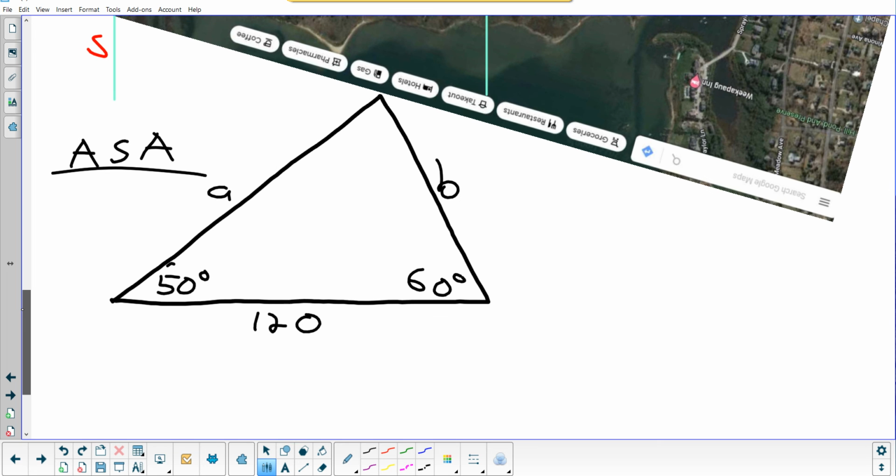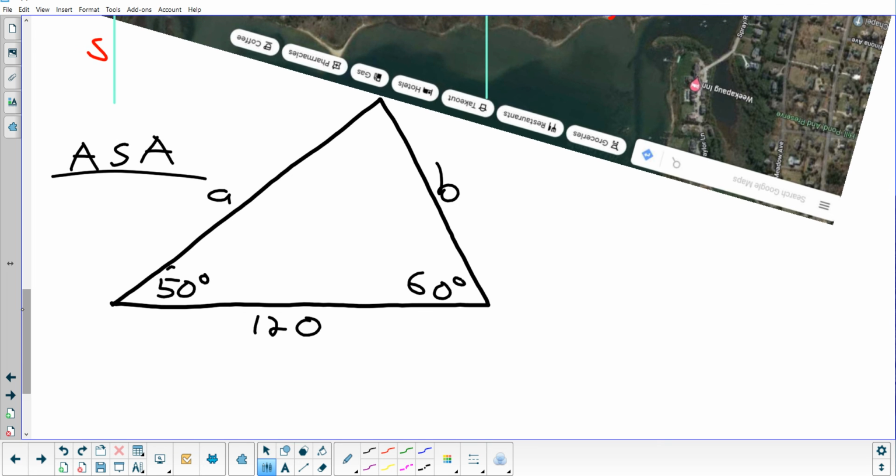Now, technically, we don't have a row that's complete, because you don't have a side and an angle across from it. What could I find here that would give me both the angle and the side across from it?